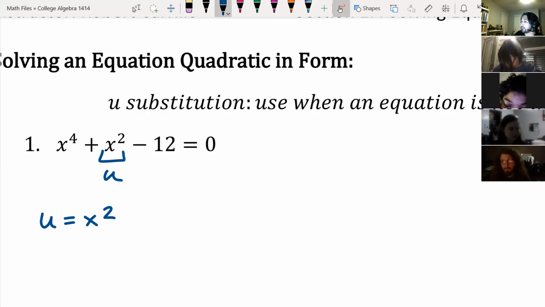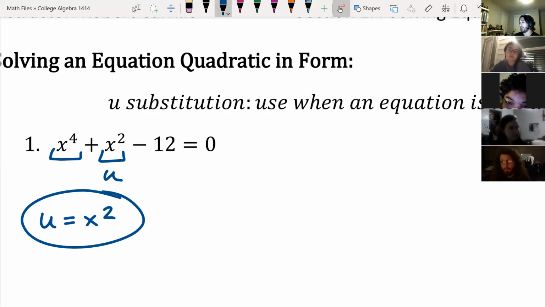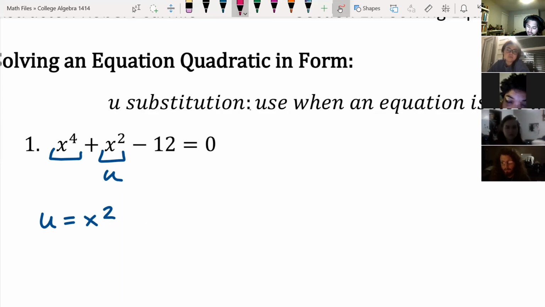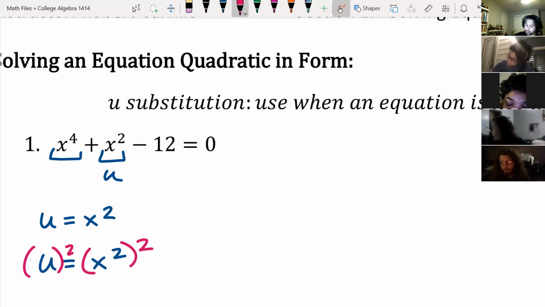Now, since we're making a U substitution, we need to make a substitution for all the x's, which means we have to make a substitution for the leading term x to the 4th. The only way to do that is to take our substitution, u equals x squared, and square both sides.